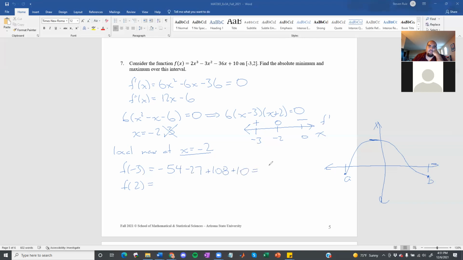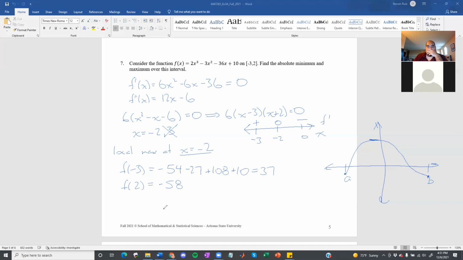My calculator just died on me, so I don't have one. Oh, okay. So that's 37. And then f of 2 would be 16 minus 12, minus 72, -58. Oh, you already said it.